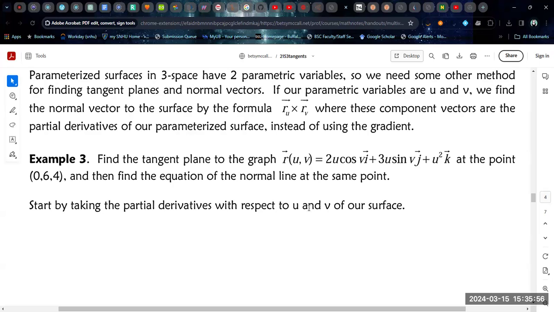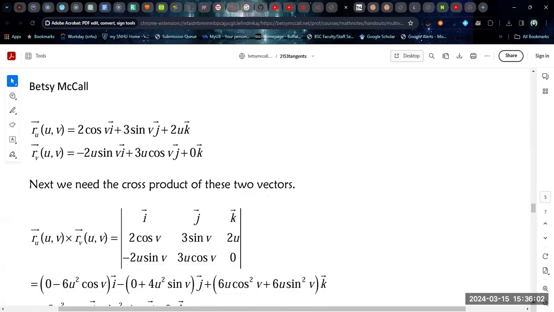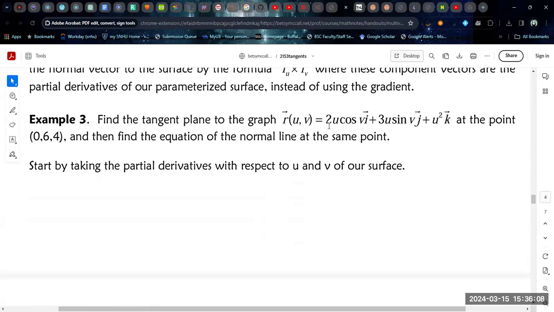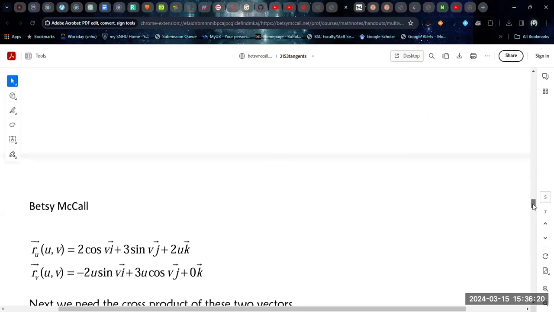All right, so we're going to start by taking the partial derivatives for u and v, since that's what we need to get started. So the derivative for u, the u comes out: 2 cosine v. The derivative for u here is 3 sine v, and the derivative for u here is 2u.